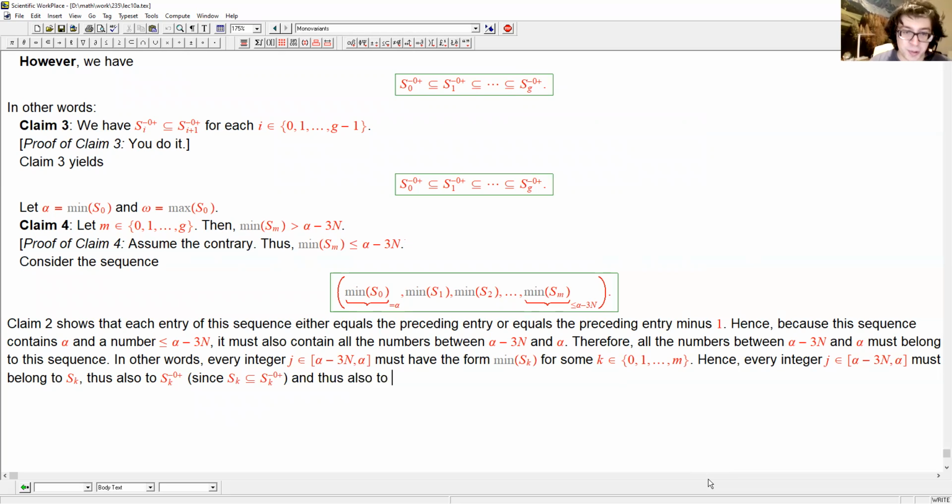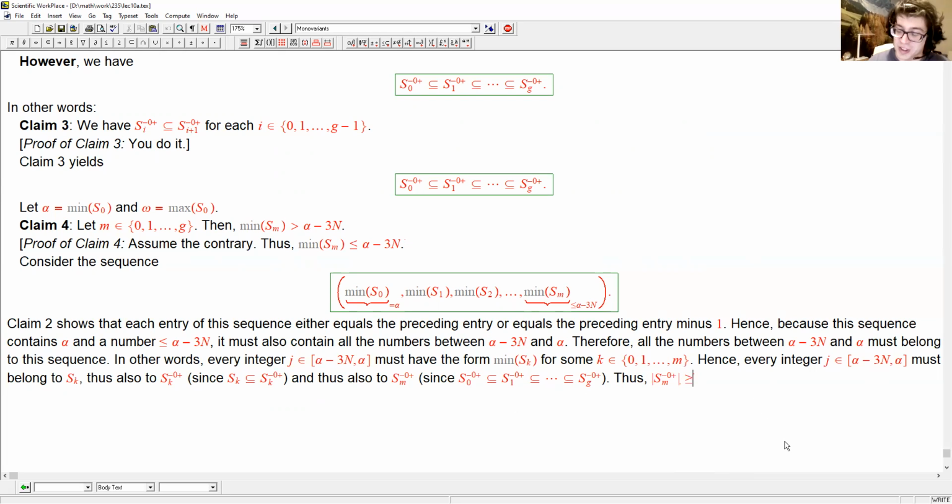And thus also to Sm. Why? Because the shades of those states keep growing. So if it's in a shade at some point, it will always be in a shade after any moves. Thus, we have seen that each integer between alpha minus 3n and alpha must be in the set.